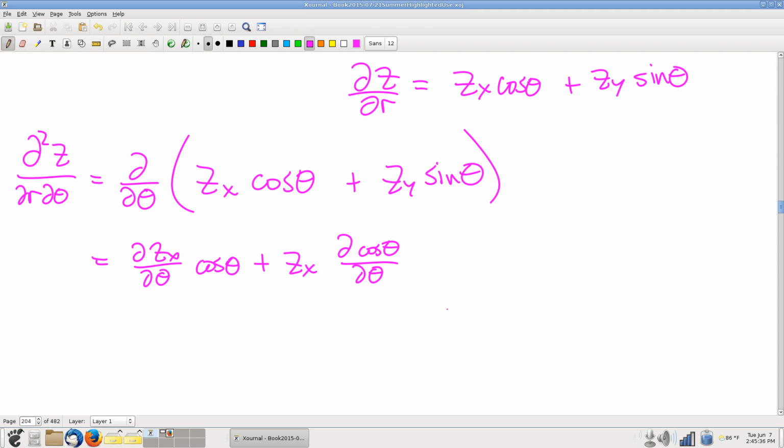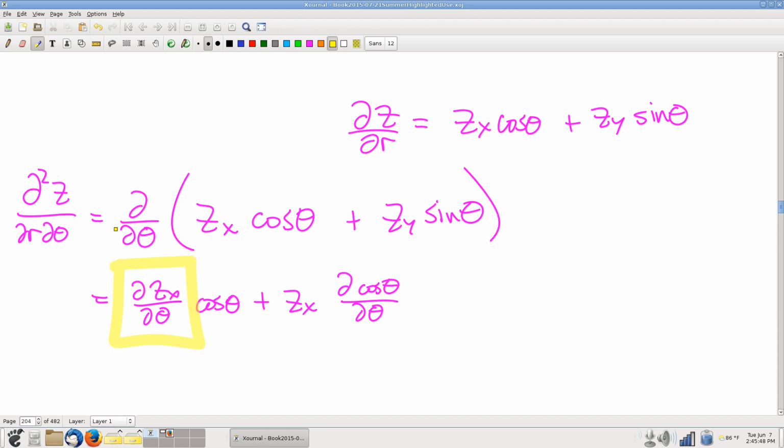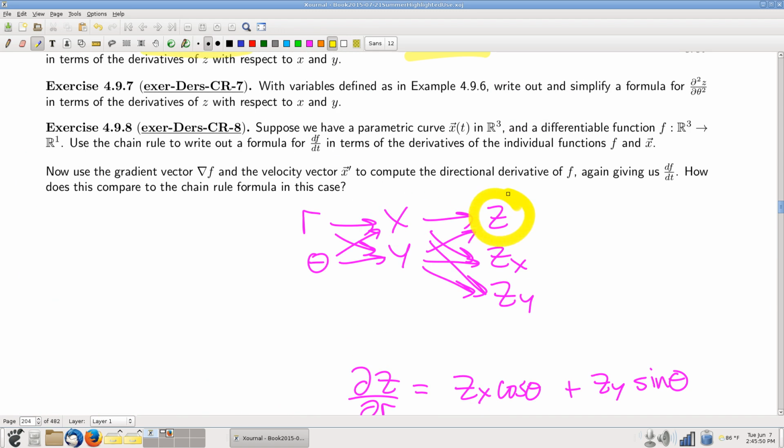Okay. So what I want to do, though, is focus on what is going to be a challenge, and that is this, partial of zx with respect to theta. Now, a lot of students will write down zx theta. Well, that doesn't really make any sense, because look, z is there, x is here, and theta is there. So what do you mean z and then take the derivative with respect to two different variables that aren't even in the same world? You can't really do that, right?